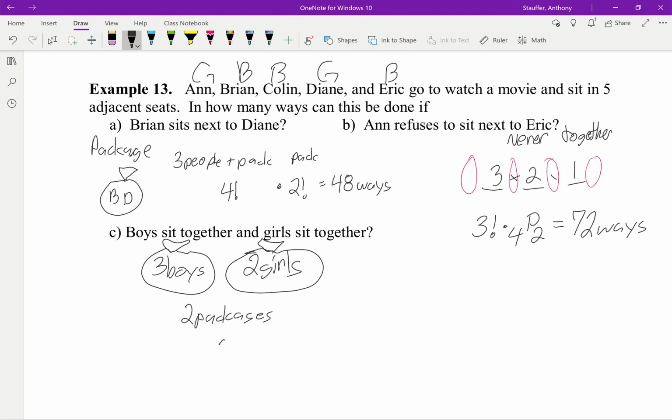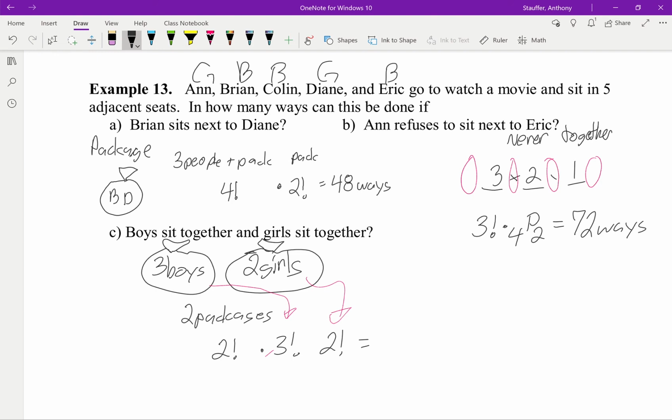which would give me 2 factorial. But then I'd multiply by the 3 factorial because that's the number of ways I can arrange the 3 boys, and I'd multiply that by 2 factorial because that's the way that I can arrange the 2 girls.